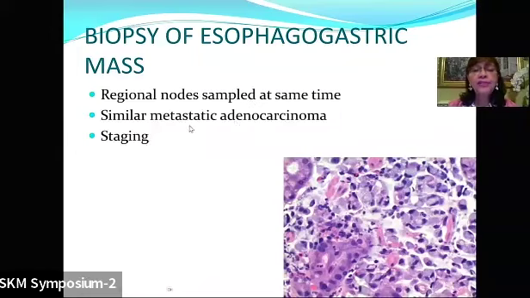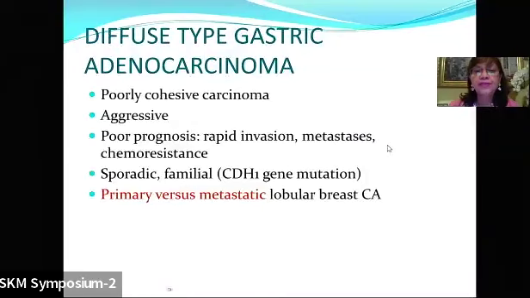And what we saw was similar metastatic adenocarcinoma in the lymph nodes, as well as in the stomach and distal esophagus side. So at the same time that we got the diagnosis of malignancy in this patient, they were able to stage the patient, say, there is regional lymphadenopathy as well.